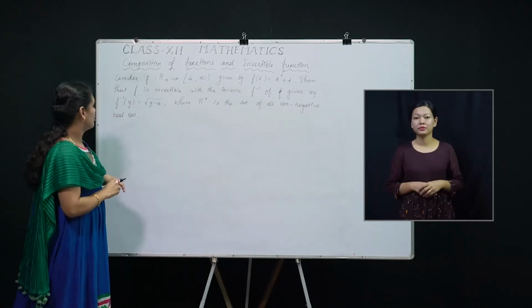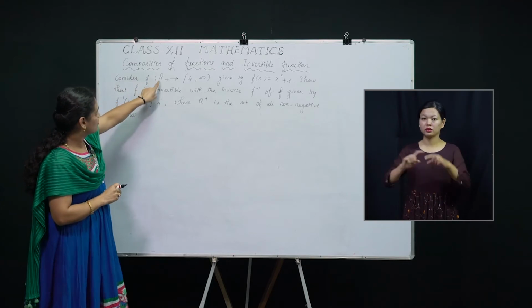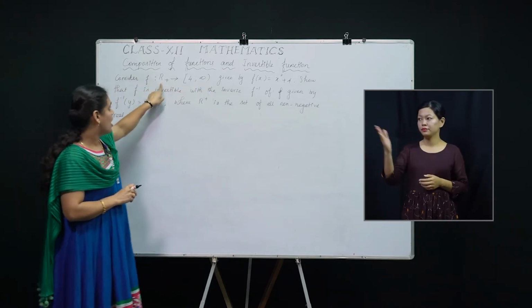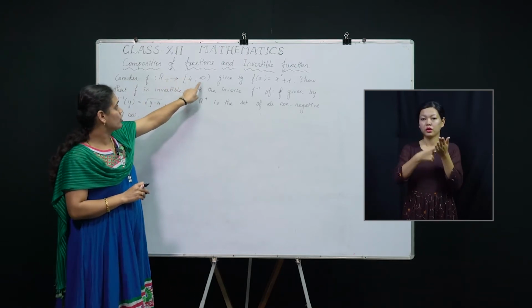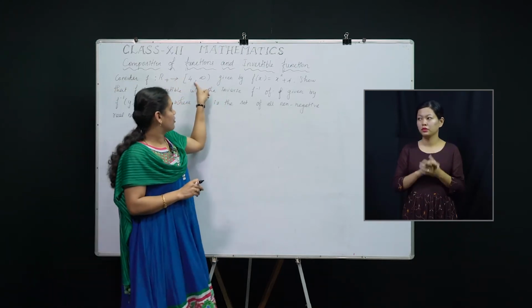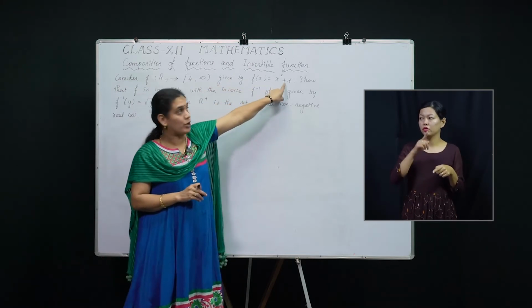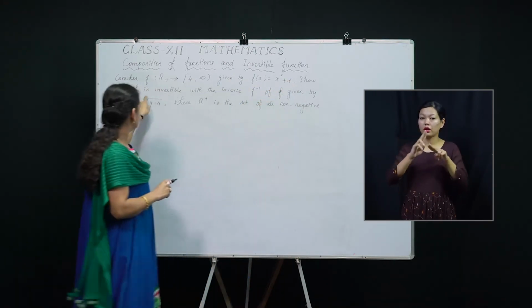Here you see that problem. Consider f a function from R plus, which represents the positive real numbers, to the interval [4, infinity), that is, greater than or equal to 4, given by f(x) equal to x squared plus 4. Show that f is invertible.